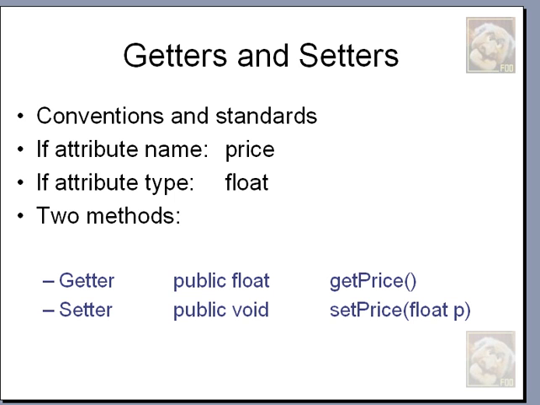Now, the actual signatures of getters and setters start by having this header. The header is public float getAttributeName, public void setAttributeName with one parameter of the same type as the attribute. The names of the methods are in what we call camel notation.